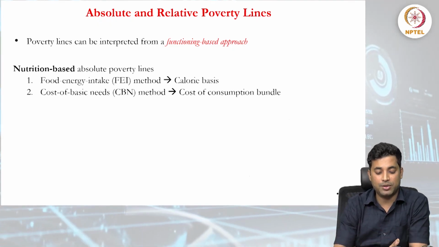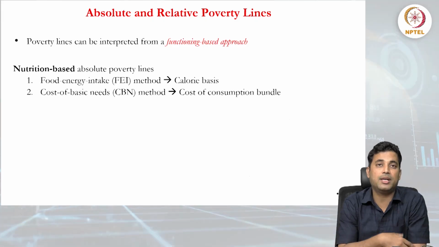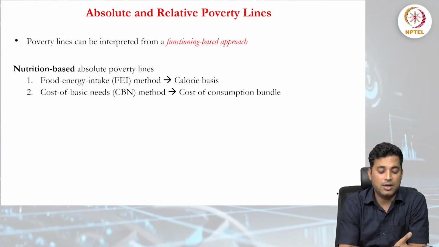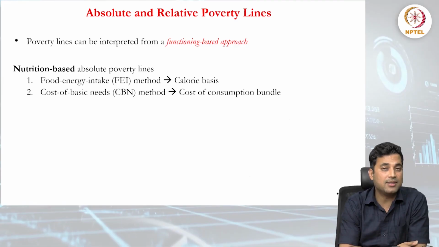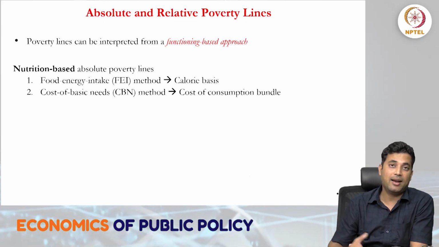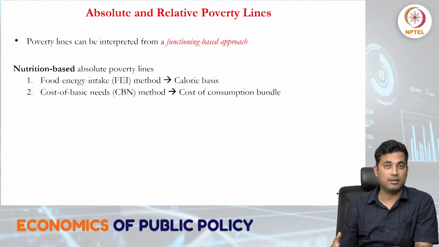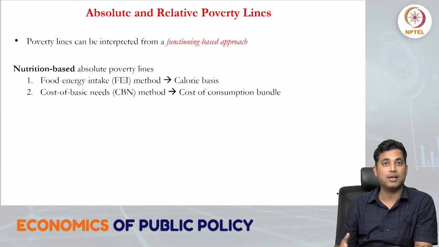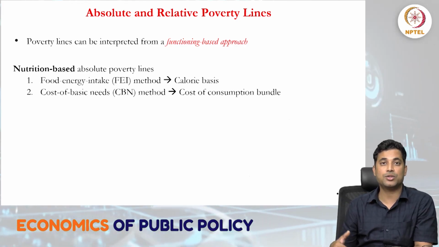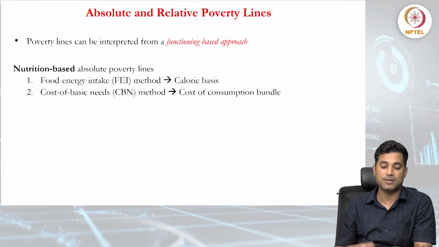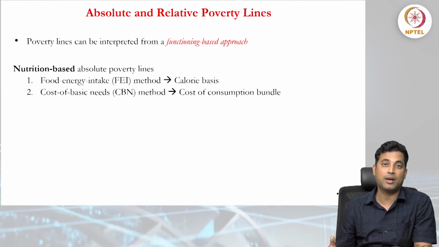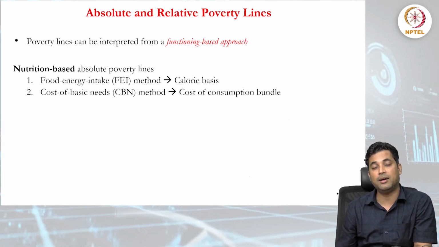When we talk about absolute poverty, nutrition-based calculation is taken into consideration, and that's how minimum wages, for instance, are calculated, like the food energy intake method, which is based on calories. Here the calorie-based calculation is important, for instance, to understand the minimum wage set for rural workers, or what should be the minimum wage for urban workers, because the calorie intake required for agricultural work is different from that required in domestic work or construction work in urban areas.